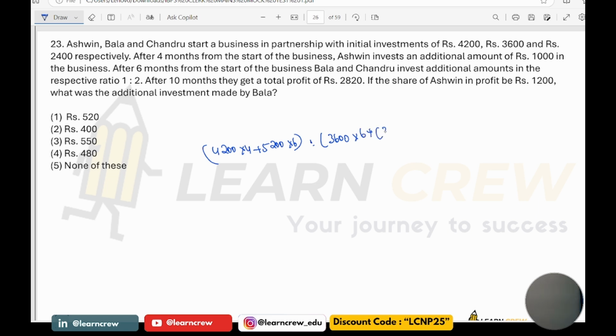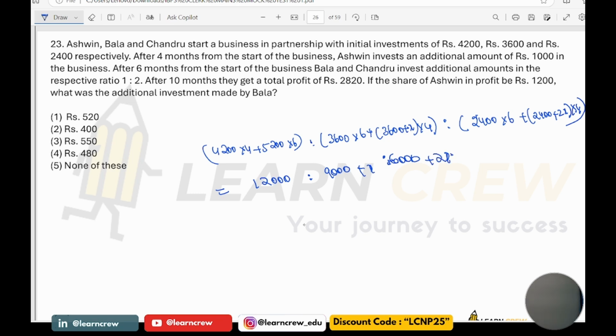After that, he is adding some X amount for the next 4 months. Then Chandru's would be initially how much? 2400 for 6 months. After that, it is 2X, whatever is added, 2400 plus 2X for the next 4 months. So what is going to be the ratio? It is 12,000 is to 9,000 plus X is to 6,000 plus X plus 2X.